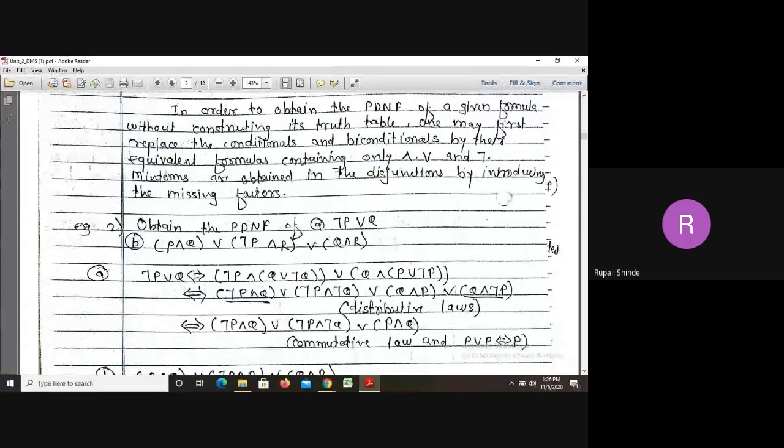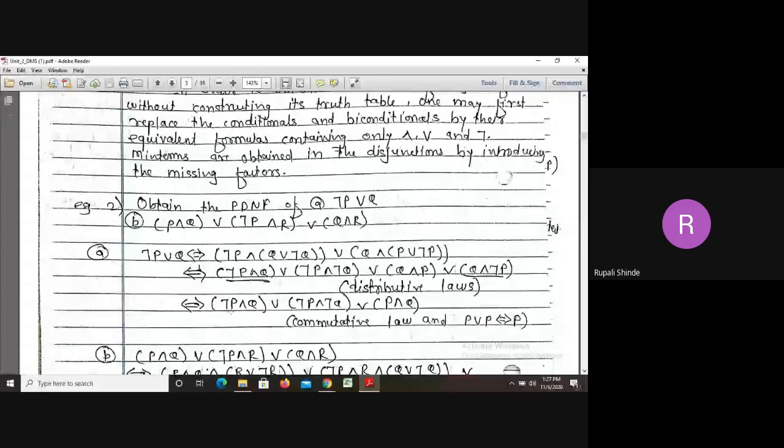First bracket is negation P and Q, and the last one is Q and negation P. So the meaning of these two terms is the same, so we can treat it as a single term and consider it once. So the final answer becomes negation P and Q, or negation P and negation Q, or P and Q. Okay, so this is the final answer we got.